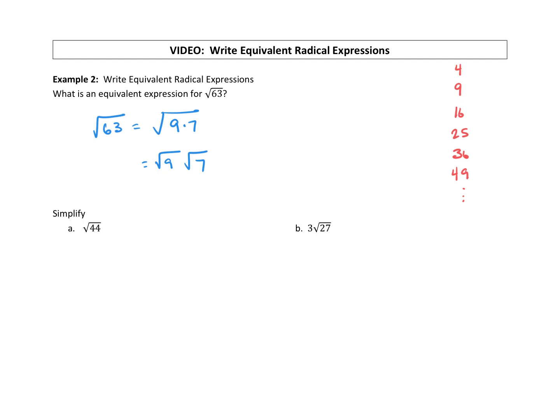When you are rewriting with factors, the perfect square factor that you found, always put that on the left side. Then when we rewrite and break up that square root into the square root of 9 times the square root of 7, we are going to be able to take the square root of the one on the left side, and that will just carry down. The square root of 9 is 3, and the square root of 7 comes down.